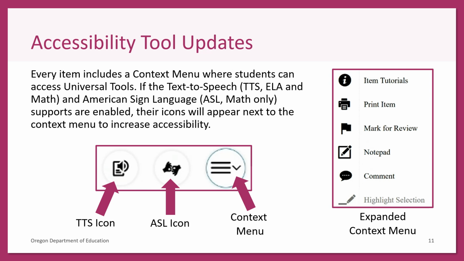This increases the visibility and accessibility of these support features for students who need them. Test administrators should be sure to train students in this user interface change prior to testing. Note that the context menu still includes several universal tools and other test features which may be helpful to students.